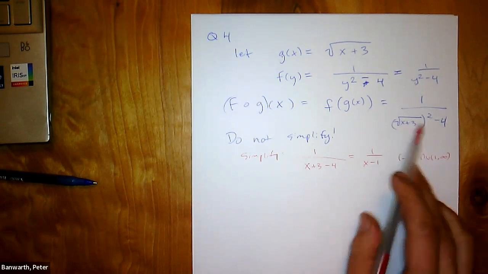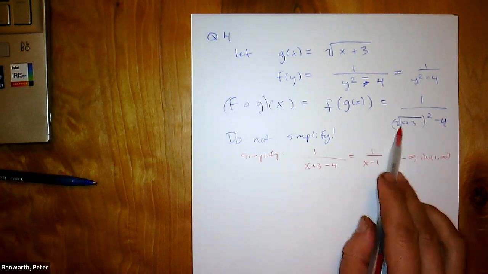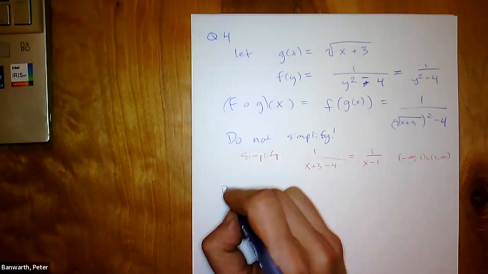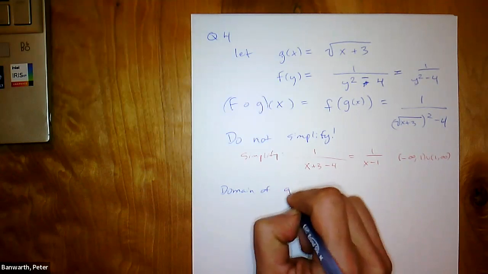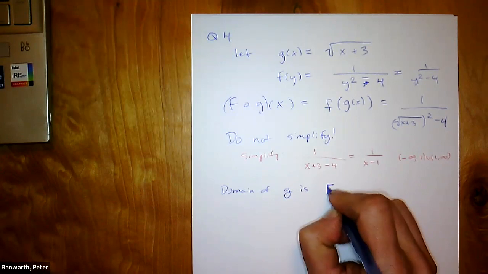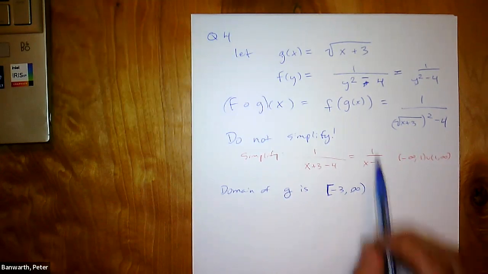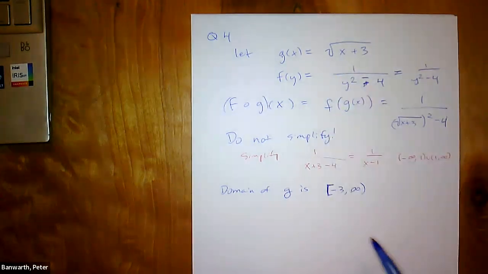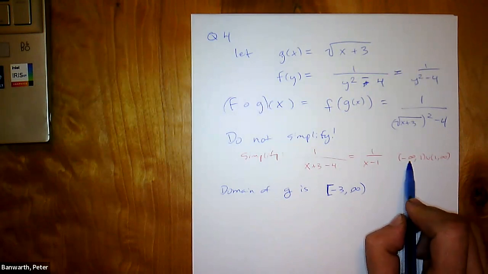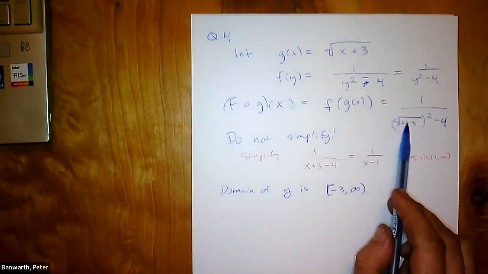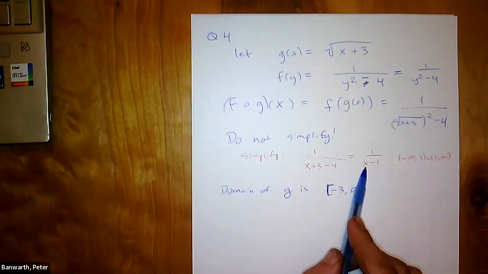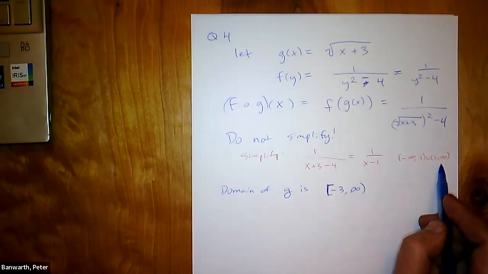But if I look at this function and say I have a square root there, I can't put anything that would be less than 0 in that square root. The domain of G is hard bracket -3 up to infinity, because that's what makes this positive. So I can't put numbers smaller than -3 into F composed with G because they would never get through my first function. Simplifying hides that fact, and simplifying would lead me to get the wrong answer for the domain.